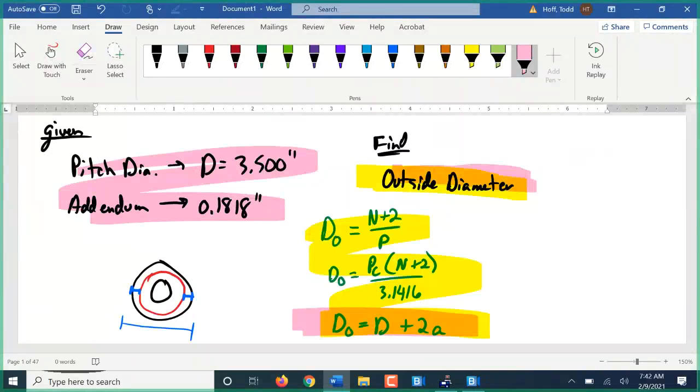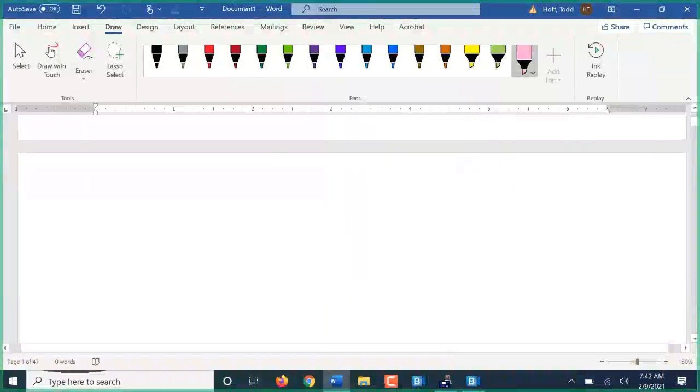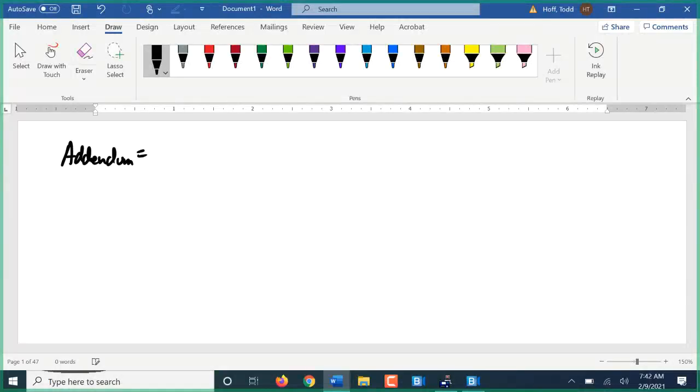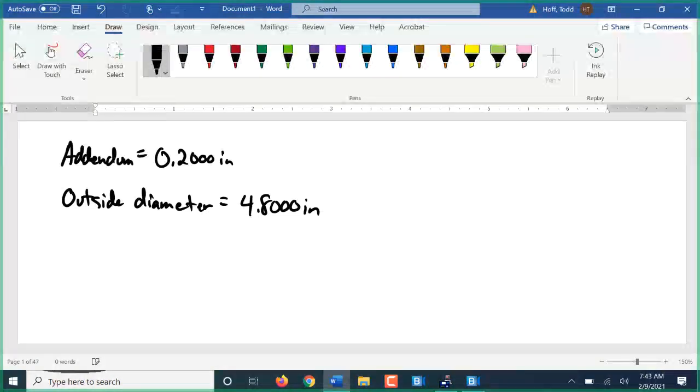And this would be an example like: say I am told the addendum is 0.2000 inches, and I am told the outside diameter is 4.8000 inches. I'm asked to find the pitch diameter.